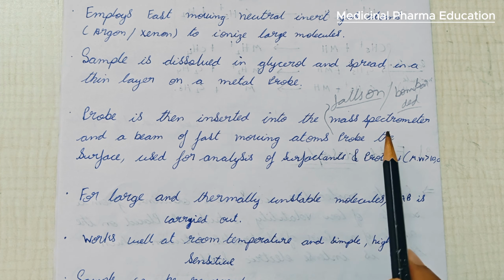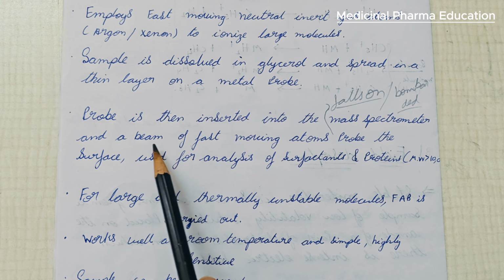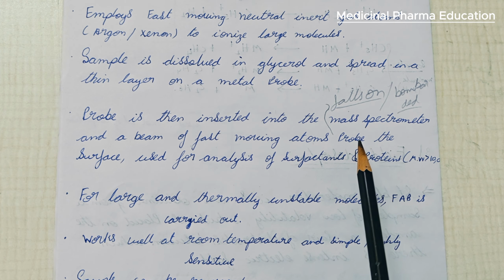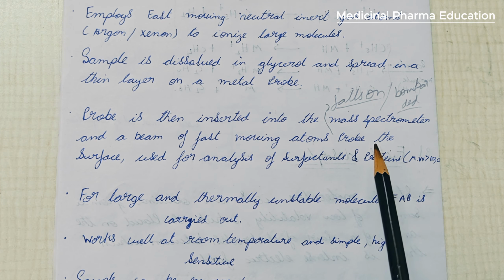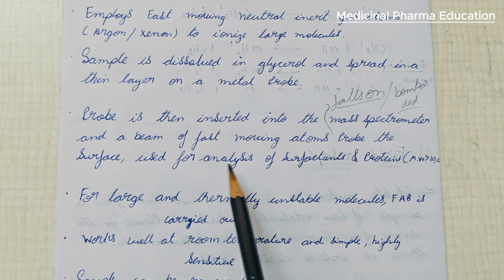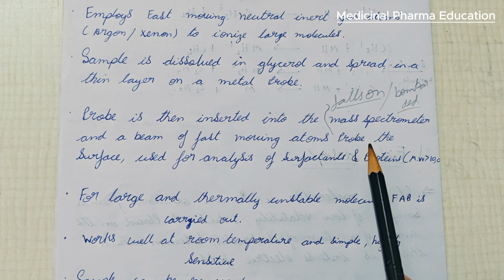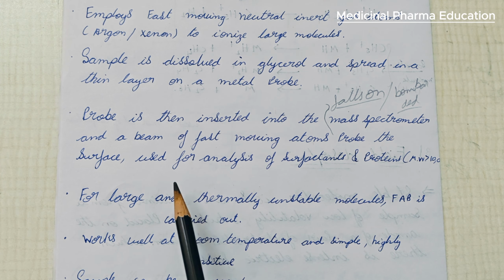The probe is inserted into the mass spectrometer, and a beam of fast moving atoms falls on the probe surface, and this method is used to analyze surfactants and proteins.